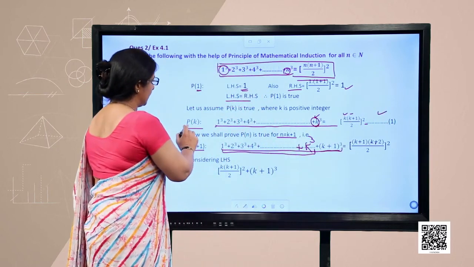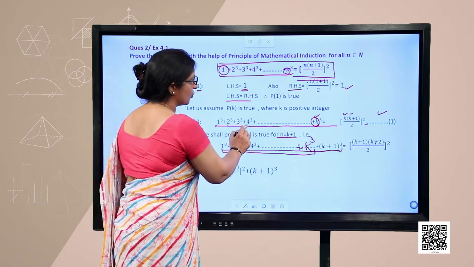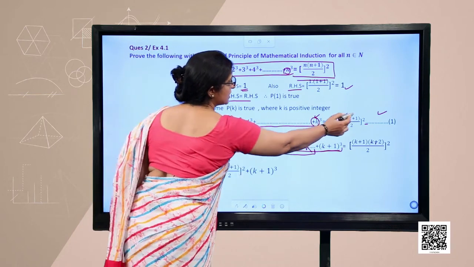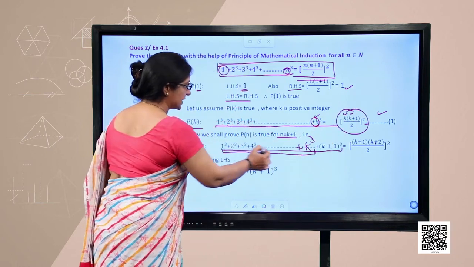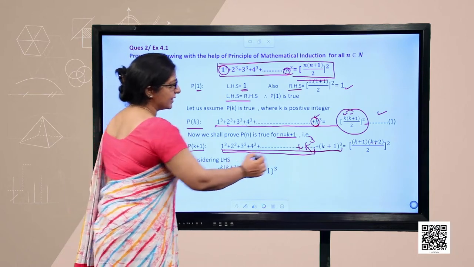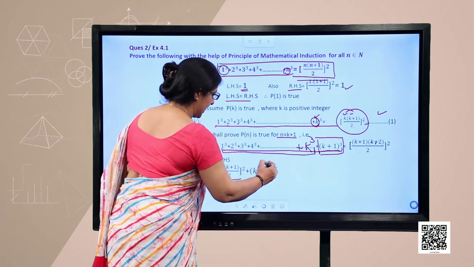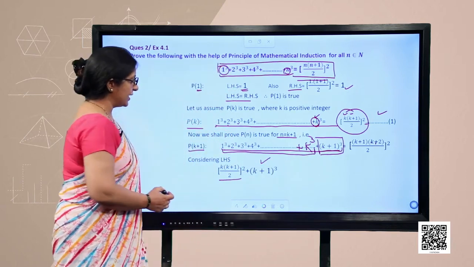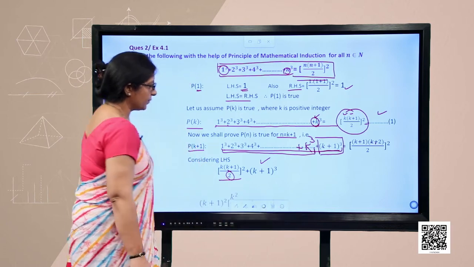Because in Pk, 1 cube plus 2 cube plus 3 cube plus 4 cube till k cube is equal to this term. We will substitute this term in place of this part. This is here, and then the last term of the left hand side. Adding this, we will solve it taking 2 as LCM.